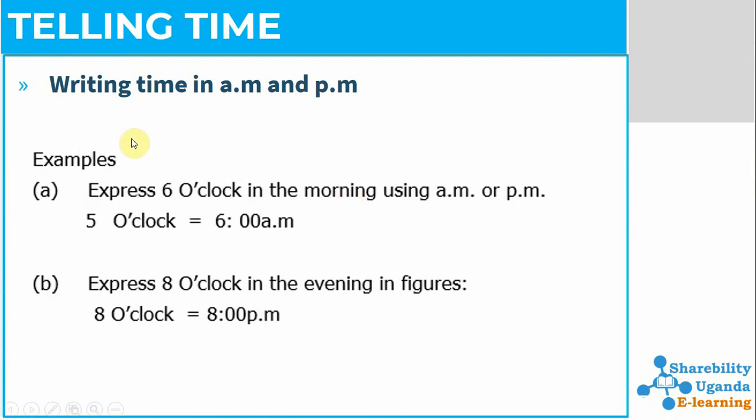So we are going to be writing time in AM and PM. What we have to understand in writing time is that these simple terms help us identify whether it was evening or morning. In writing, we should be able to tell someone, hey, it was in the evening, or hey, it was in the morning.